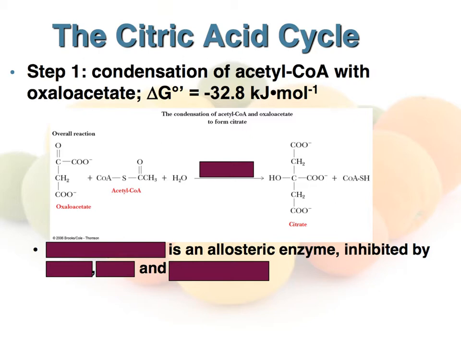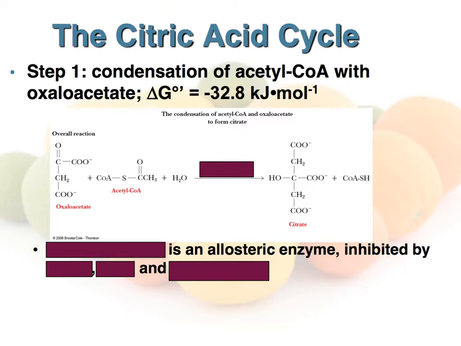So oxaloacetate is another one of those common metabolites. If you've ever been to someplace like Paris or DC, you've done the subway system. They have the common termini. It'd be like a common terminus. A lot of times we abbreviate oxaloacetate as OAA, especially if you write it over and over again.